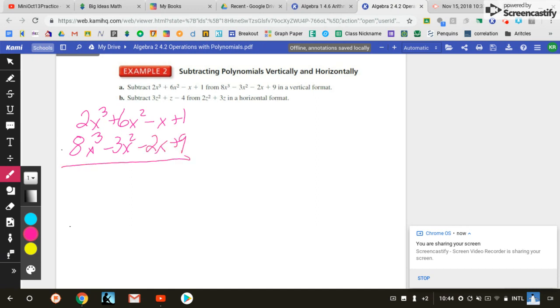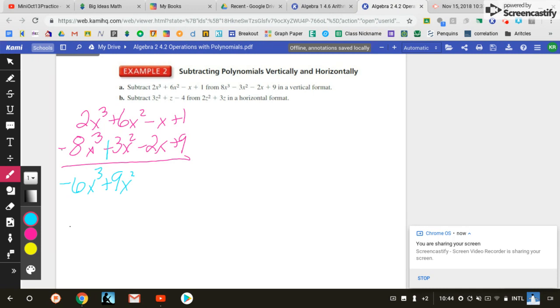And we're going to subtract all of these. And that's where you've got to be careful, because you've got to remember to distribute that subtraction sign. So I'll have 2 minus 8, which is negative 6x cubed. And then I'll have 6 minus a negative 3, which is actually 6 plus 3. So that's going to be a positive 9x squared.